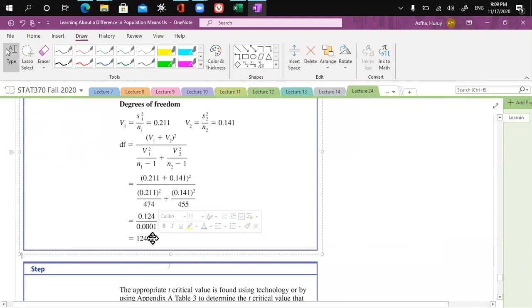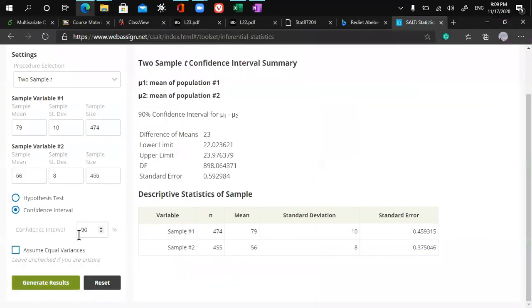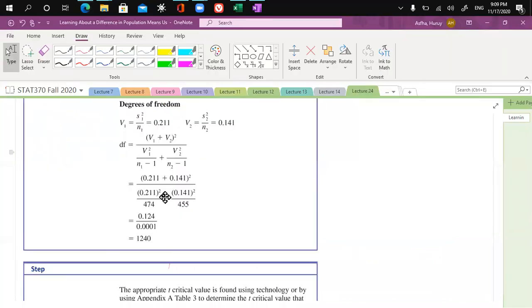But as you can see here, it's 1240, and here it's 898. It doesn't make any difference in the result, because as you can see, the limits are almost the same, 22.023 and 23.97.